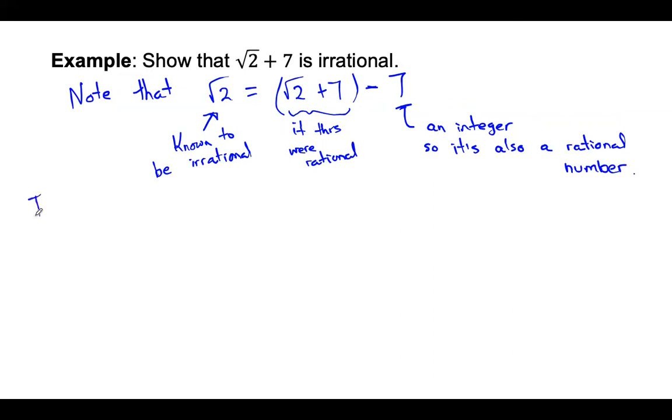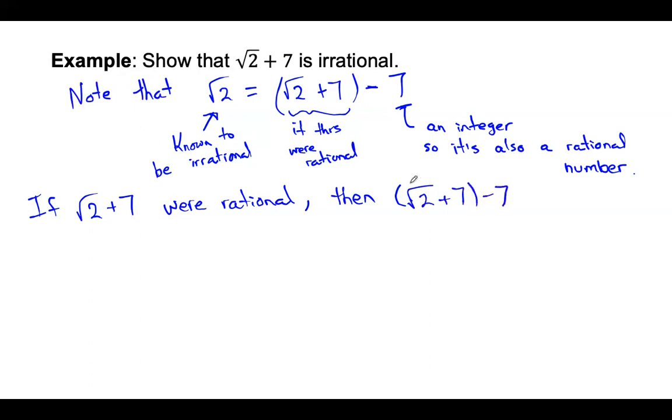So we suppose this were rational, though we're trying to show that it's irrational. So if the square root of 2 plus 7 were rational, then this whole thing, the square root of 2 plus 7 minus 7, which is obviously all equal to the square root of 2, should be rational.